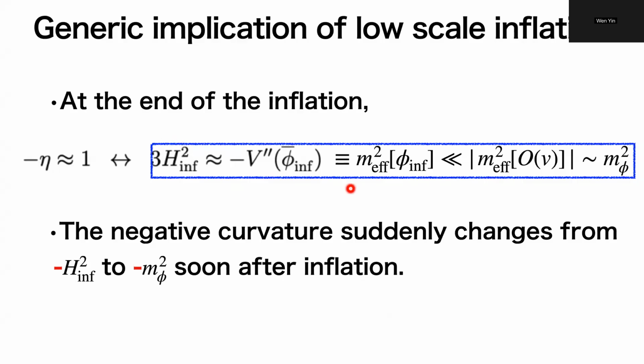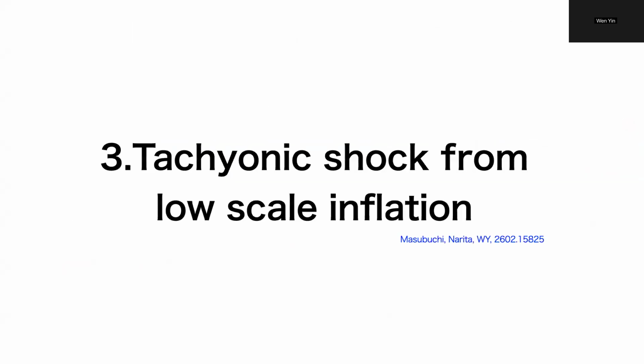As I mentioned, this Hubble scale is much smaller compared to the typical mass scale of the inflaton potential. Therefore, what I'm trying to say is that the negative curvature suddenly changes from minus H inf squared to minus m phi squared soon after inflation. So it decreases a lot. This is an important feature of low scale inflation, and I believe this is a generic feature once we have low scale inflation for an analytic potential.